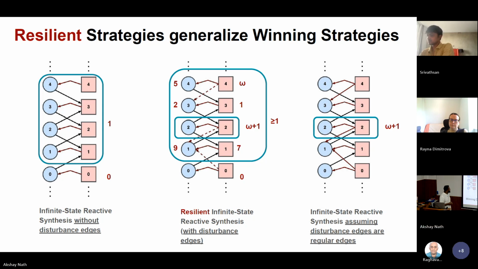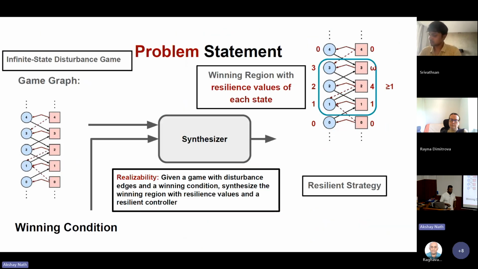Right. So the problem statement in this setting is: given an infinite state disturbance game, a game with disturbance edges and a winning condition, can you synthesize the winning region with resilience values of each state? So somehow you compute the resilience values of each state and also a resilience strategy.